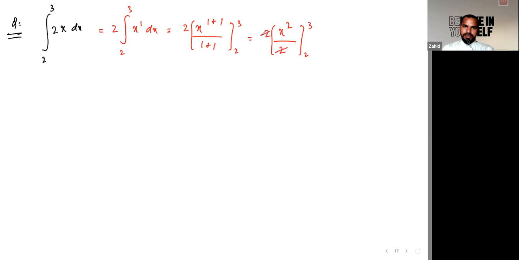This 2 and this 2 would cancel out. So you're left with x squared from 2 to 3. Now, if you put the value of x in the limits, you will get 3 squared and 2 squared. So it will be 9 minus 4, which equals 5. I think you all have got the same answer. Good.